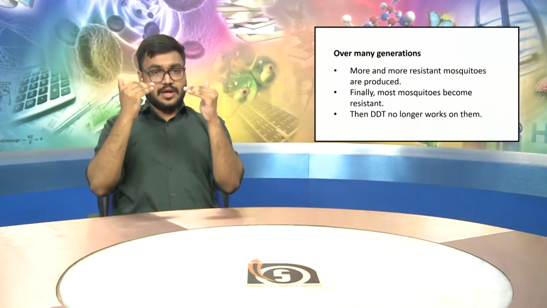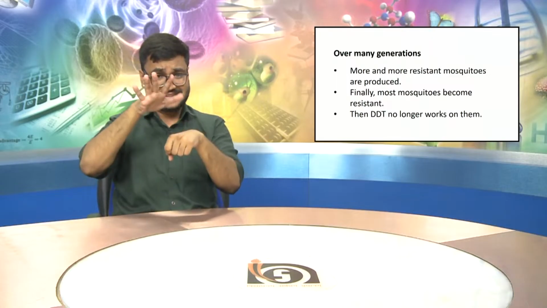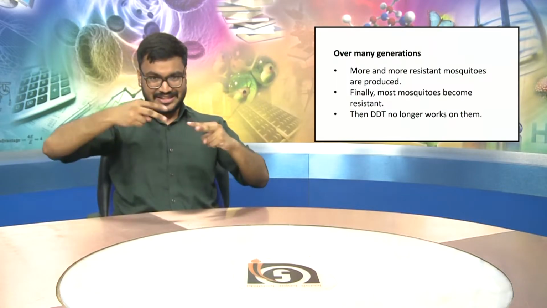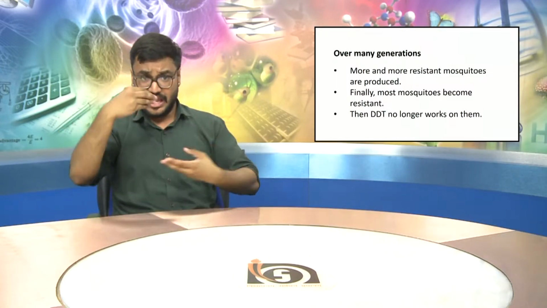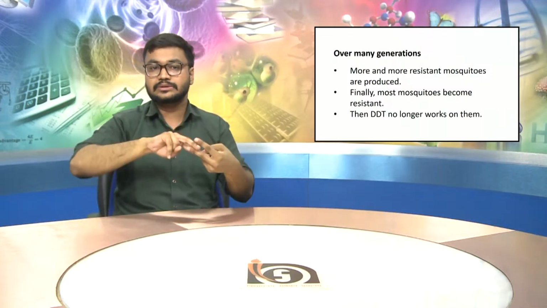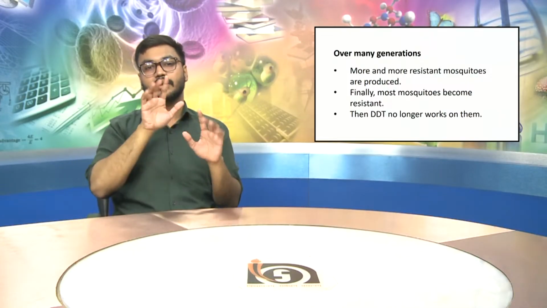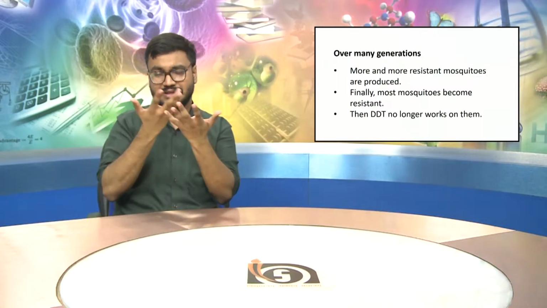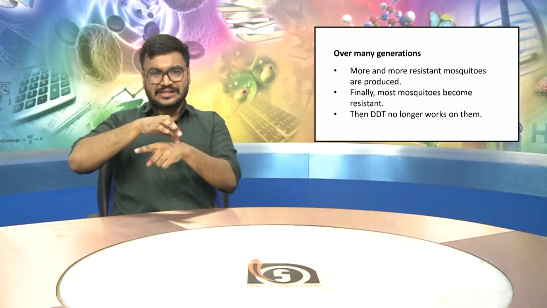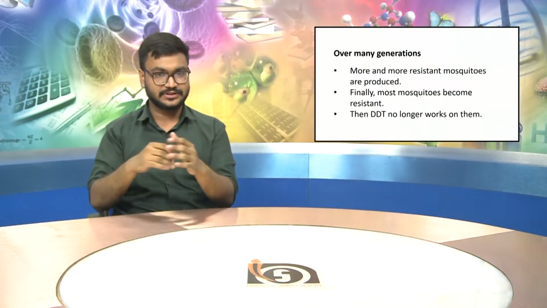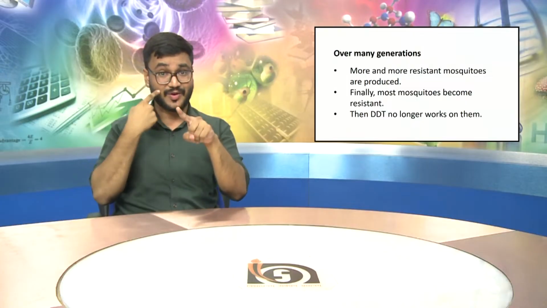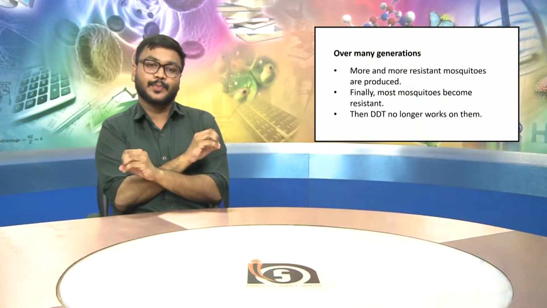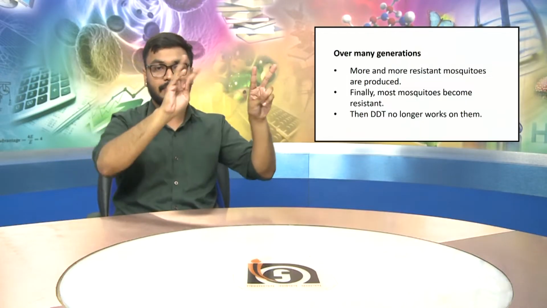Over many generations, more and more resistant mosquitoes are produced. And finally, most mosquitoes become resistant. Then DDT no longer works on them.